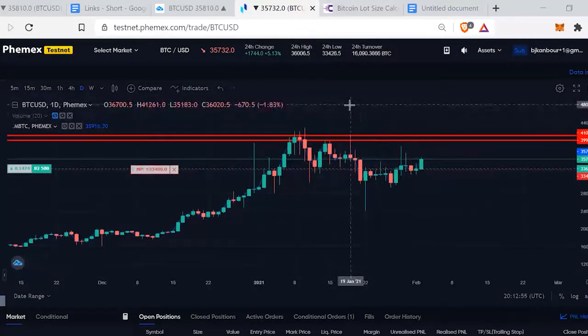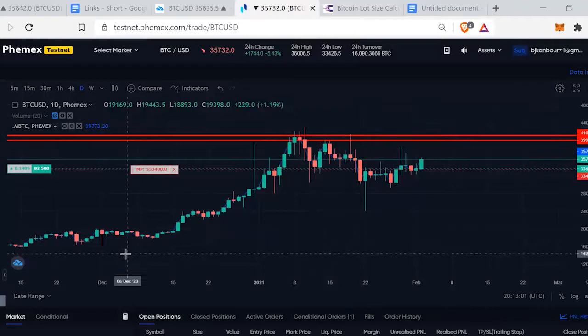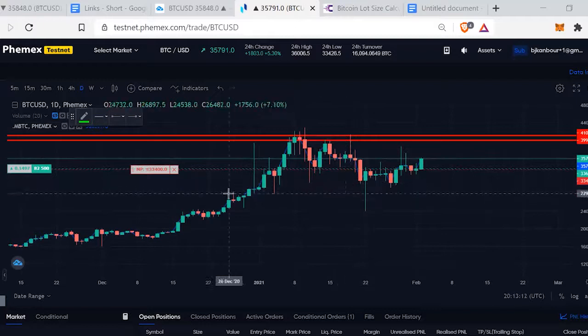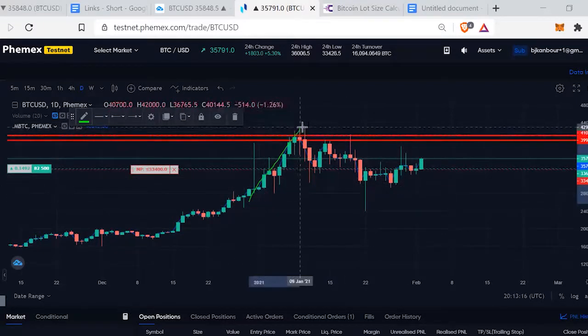Now, the strategy that I'm using is a swing strategy. Swing strategy ultimately is we're trying to go against the market to catch the pivot points. As you see, the market goes up, the market comes down.